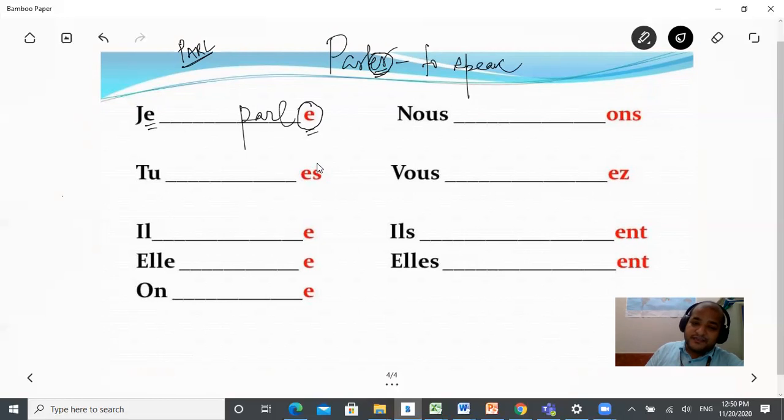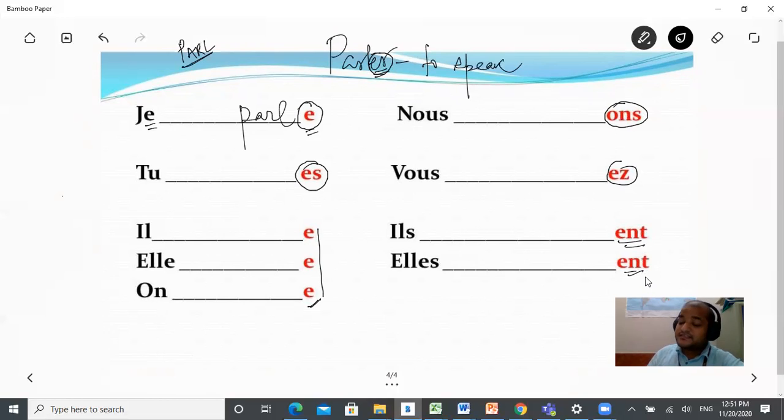For tu, the ending is es. For il, elle, and on, the ending is the same, that is e. For nous, the ending is ons. For vous, the ending is ez. And ils and elles have the same ending, that is ent.